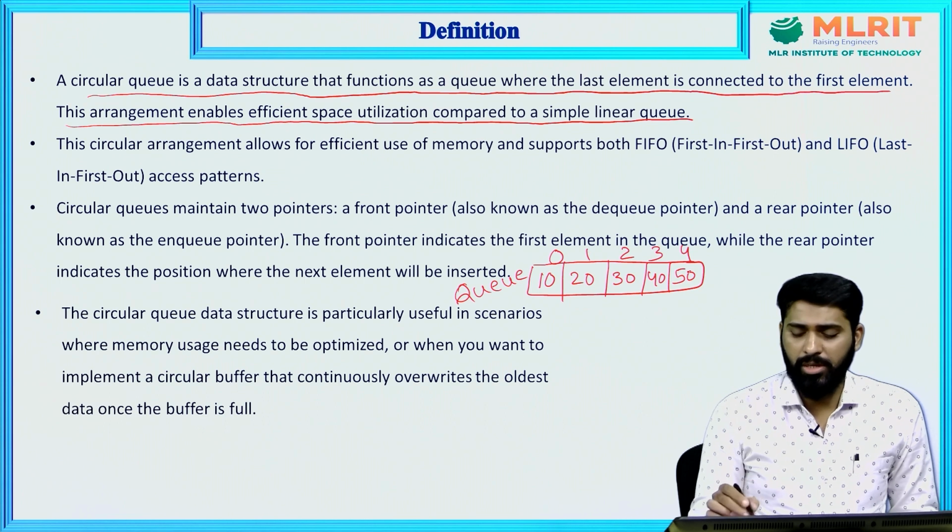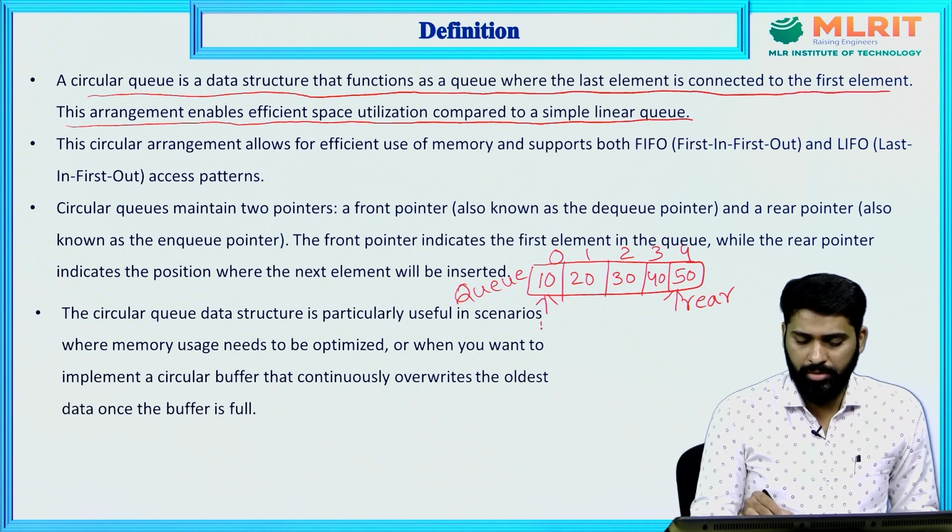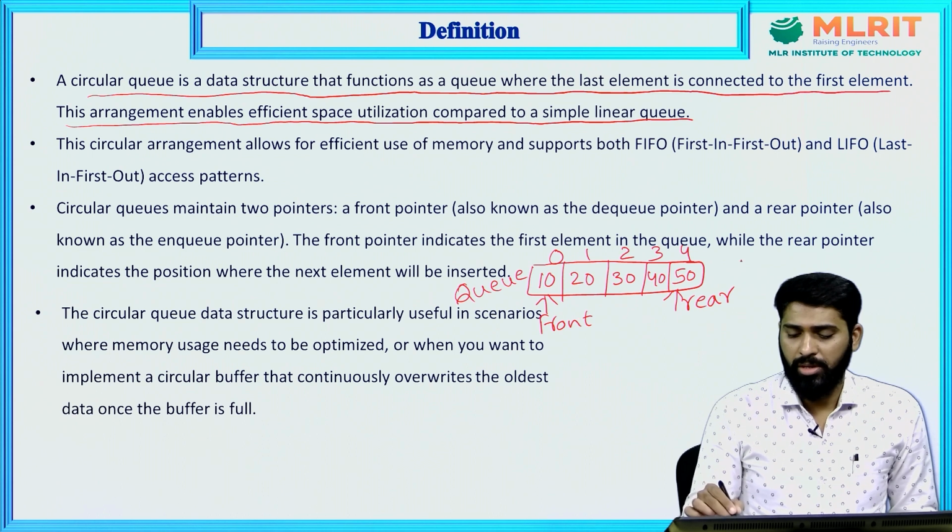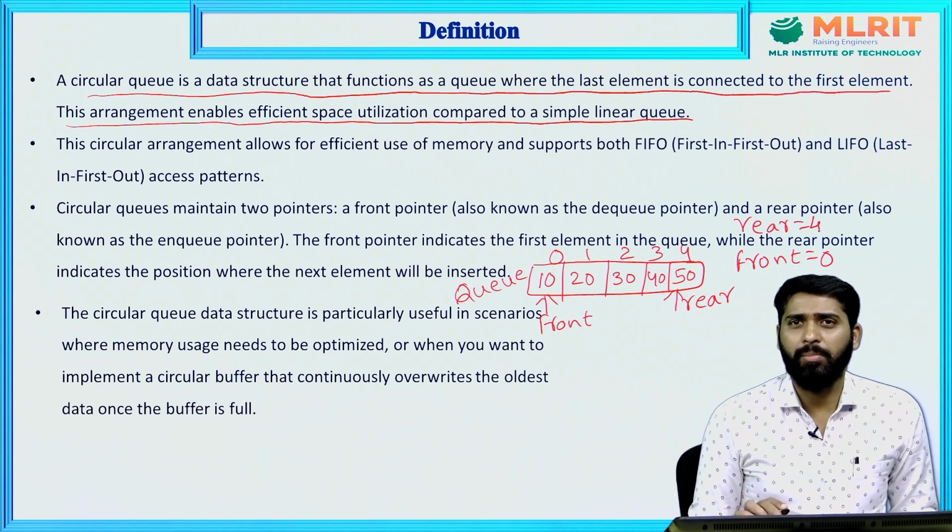How do we insert? By using the rear value. This is the front, as we already learned in our previous classes. In this case, the front value equals 0 and the rear value equals 4. This is the normal queue.